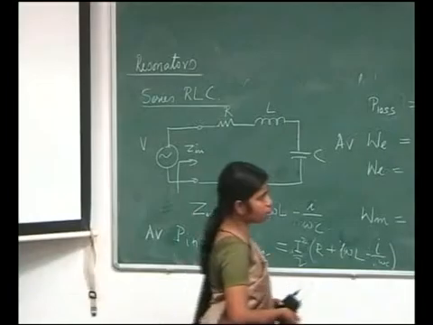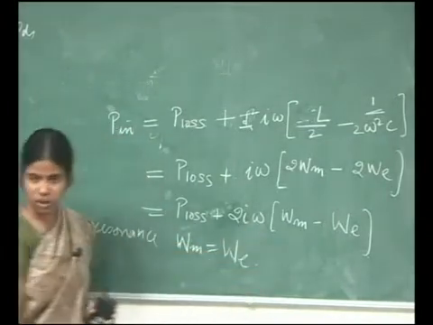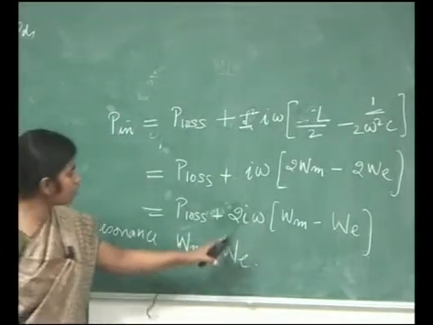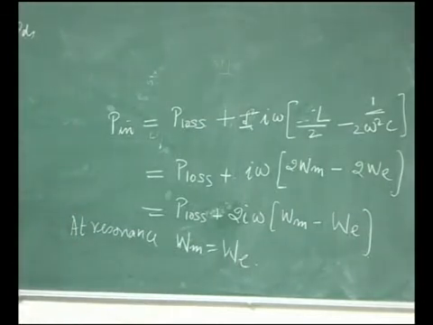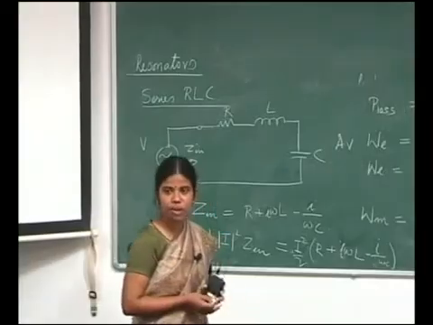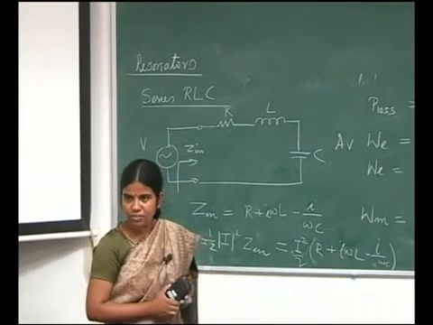So what would happen? This term would go to 0. Okay, this term will go to 0. So you will see that the impedance will become purely resistive, or it will become real.